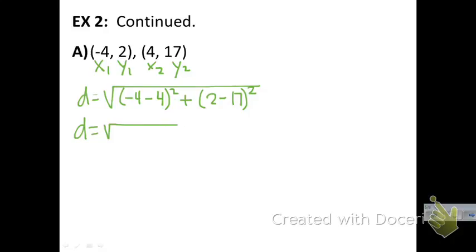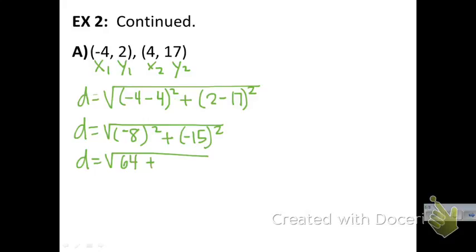So then we take negative 4 minus 4 is a negative 8 squared, plus 2 minus 17 is negative 15 squared. And again, when you get to this point, when you square a negative, it should stay positive. So we get a positive 64 here, and negative 15 squared becomes a positive 225. Then we're going to add those to get 289. And we take the square root of 289, which is just 17.